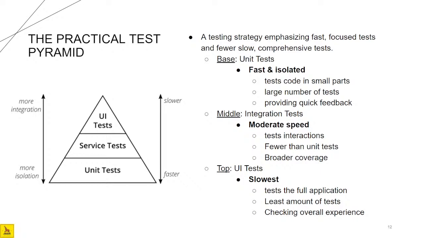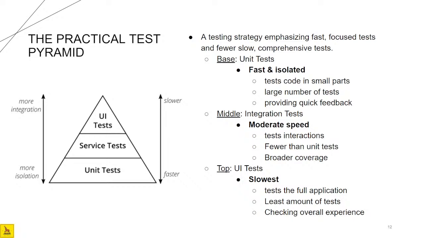So as we go through this, we're going to look at our base. At our base are our unit tests, which are fast and isolated. This means that the test code is in small parts. There are a large number of tests, and these tests finish quickly and provide quick feedback.